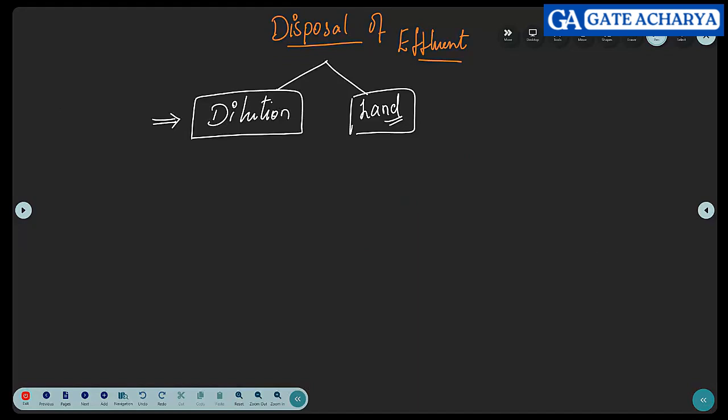Either a freshwater body, we can dispose by means of dilution. If there is no freshwater body, then we can go for some land disposal.